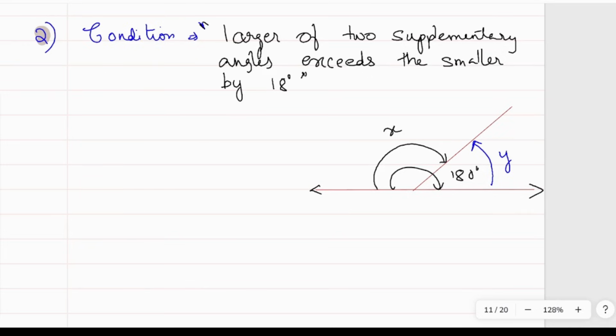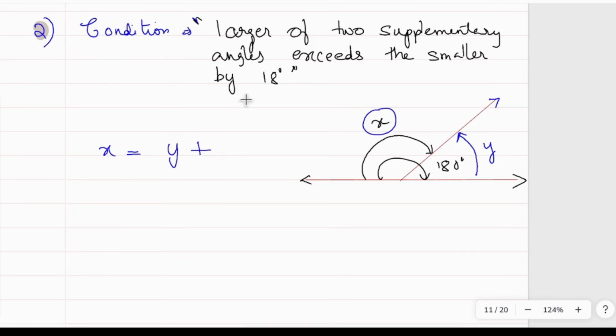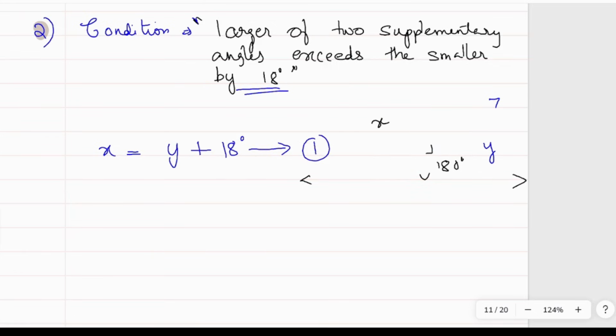They are telling that x is equal to y plus 18 degrees, since the larger exceeds the smaller. For this one, I'm giving equation number 1. Now you might have understood, right?